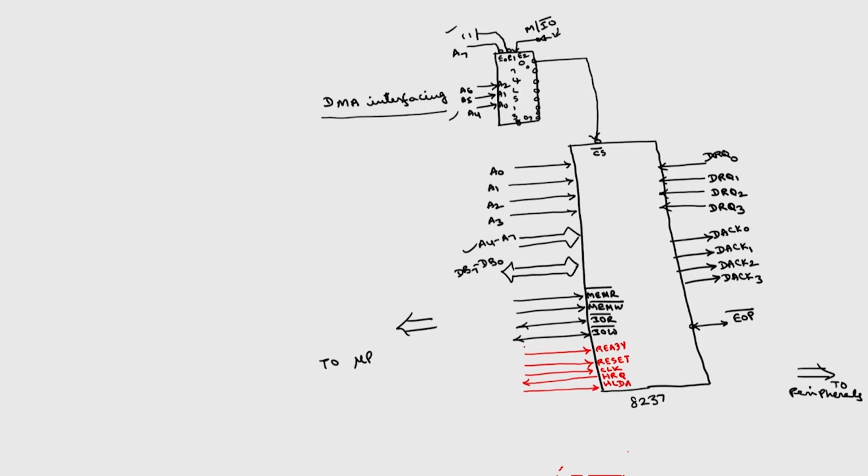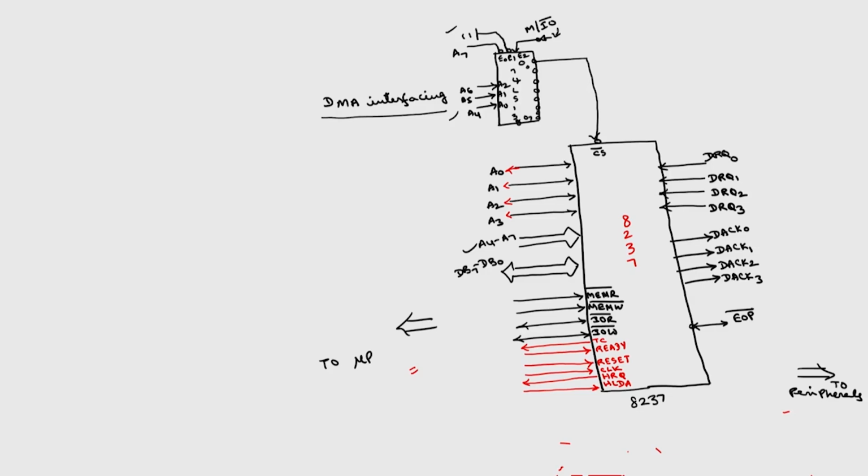And there is one more signal called terminal count TC. So, these are the different signals available, because these are bidirectional signals. So, these are the different signals available on 8237. So, total we have 40 pins. So, this side will be connected to microprocessor, this side will be connected to the peripheral devices.